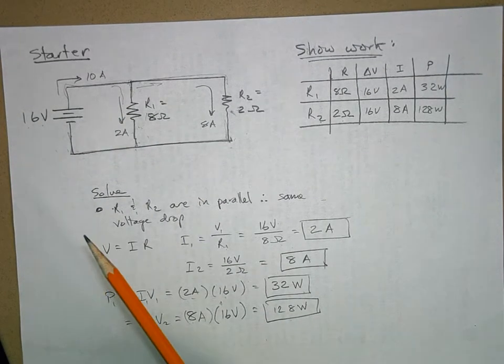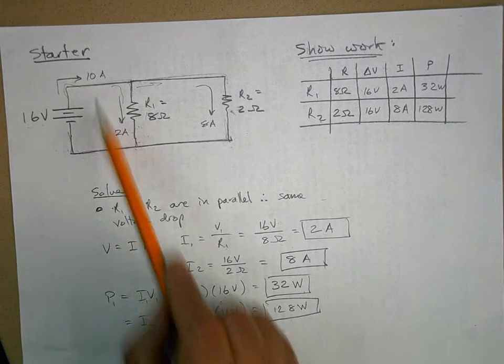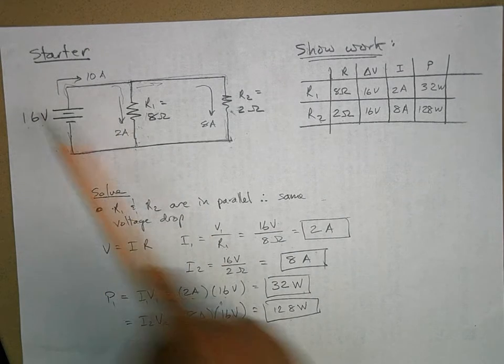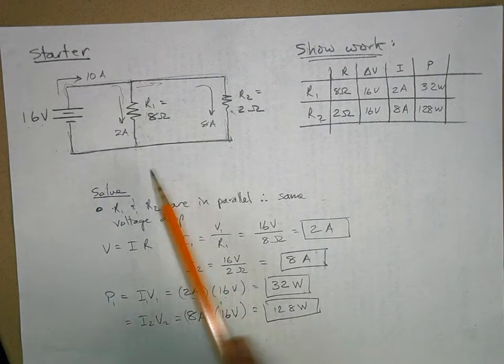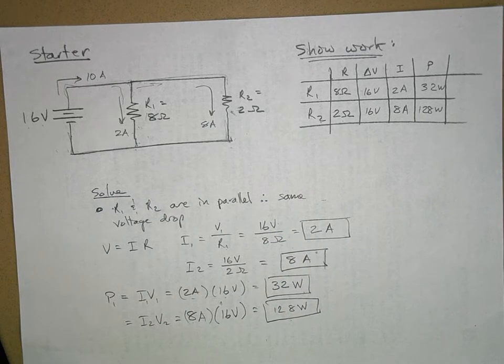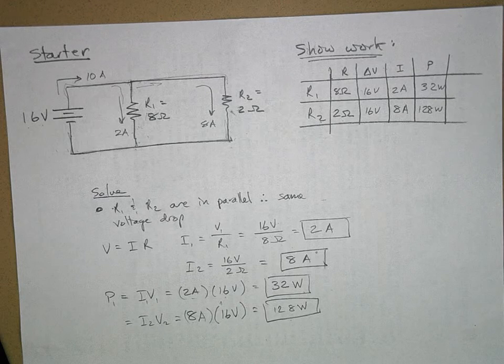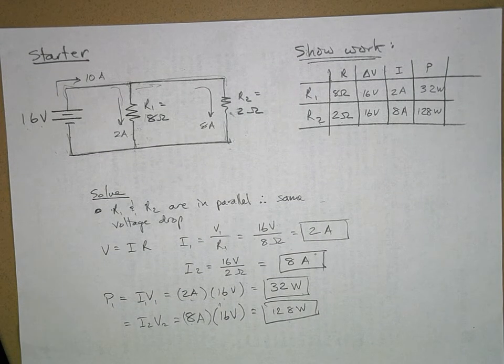So that's a good way to check your work. This is putting 160 watts into the circuit. These two combined are putting out 160 watts of power into the environment. That always has to be true. So as you're doing this problem, you can use that to check your work. Any questions? That's it.